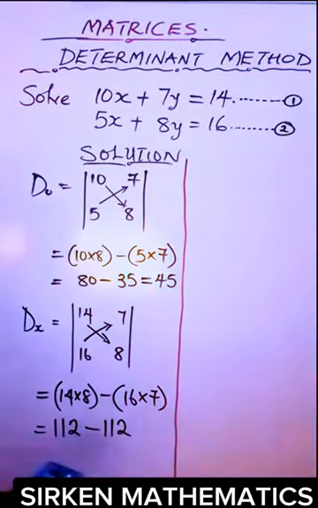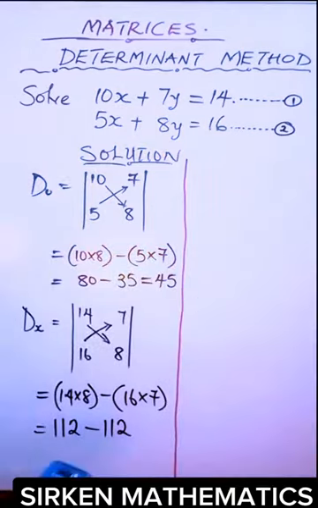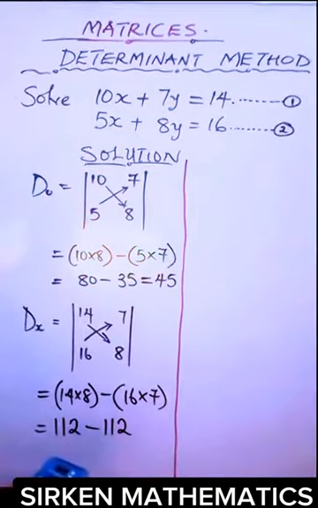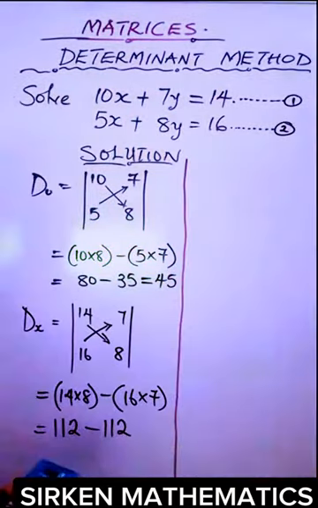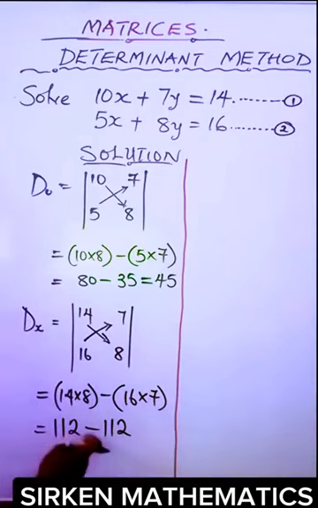Let's verify. 14 times 8, 112. 16 times 7, 112. So 112 minus 112 automatically gives me 0.